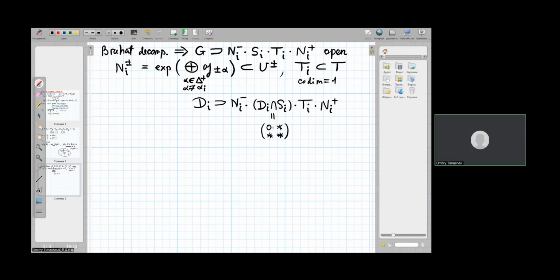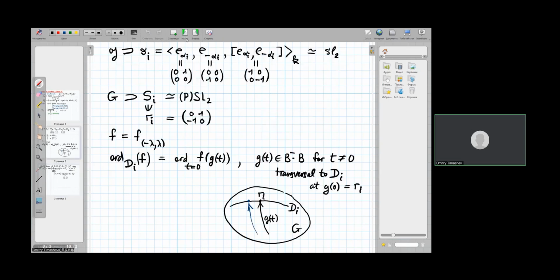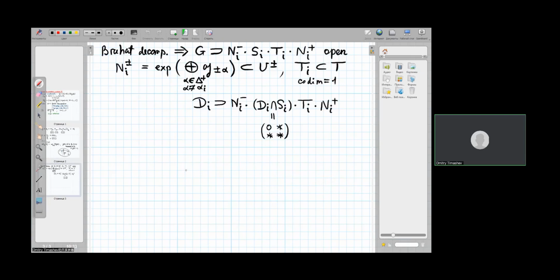So we want to compute this vanishing order. We want to choose this curve g of t, which intersects Di transversally at this point Ri. Let's take the following curve g of t belonging to the subgroup Si, which is isomorphic to SL2 or PSL2.